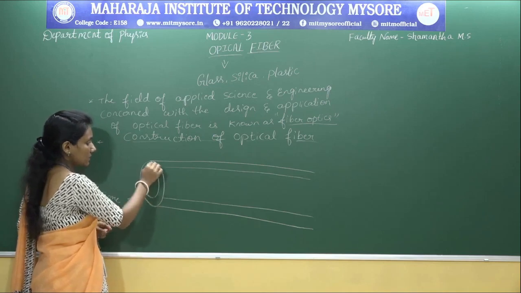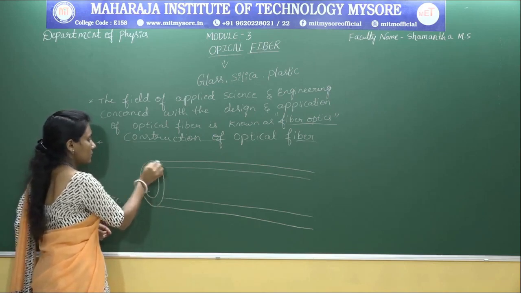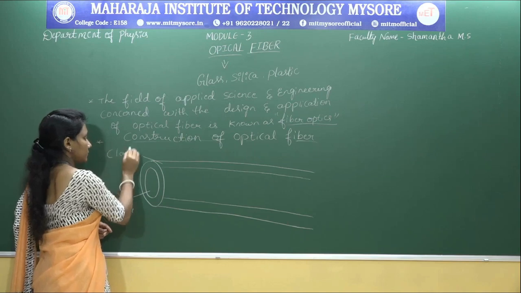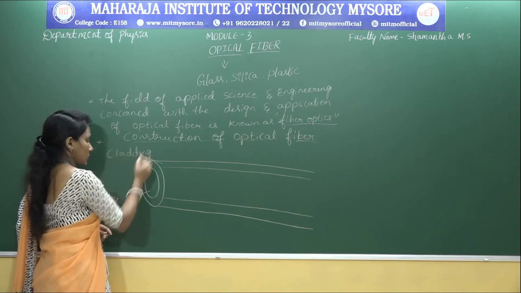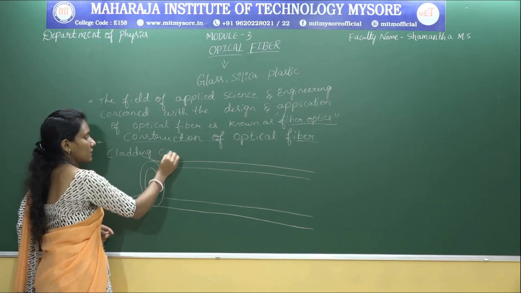The outer region is called the cladding, with the refractive index N2.